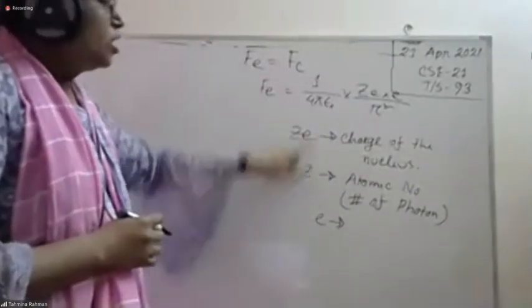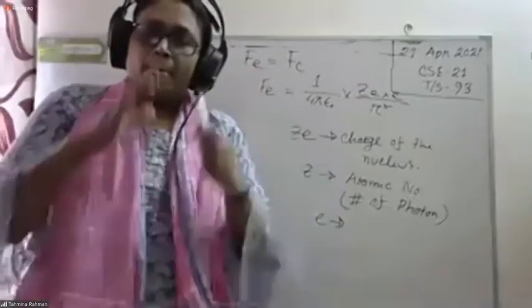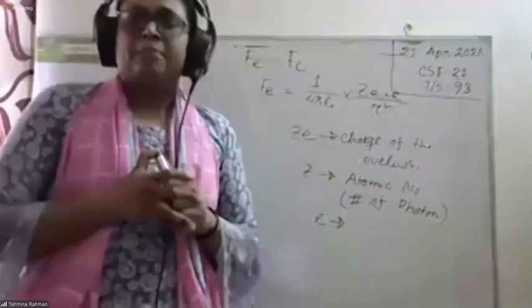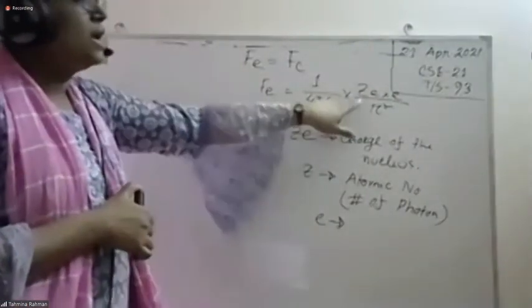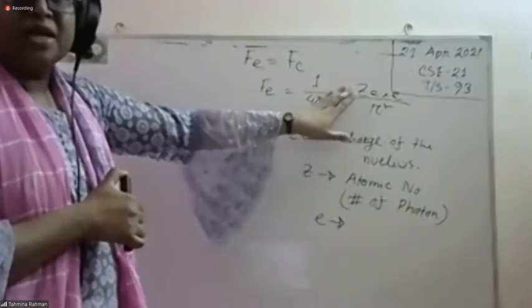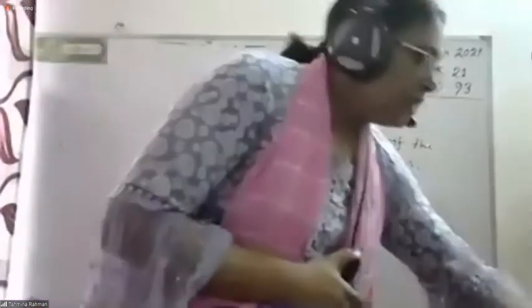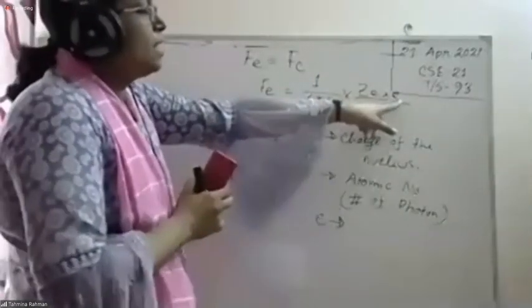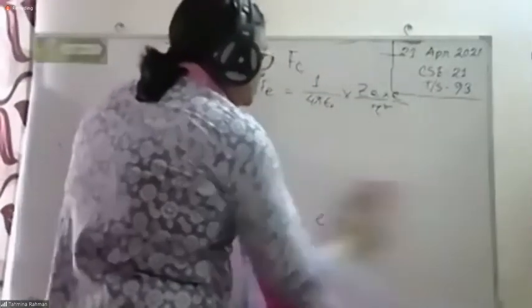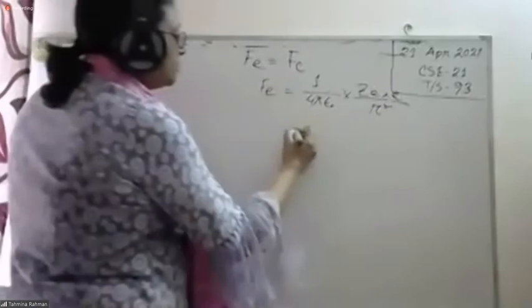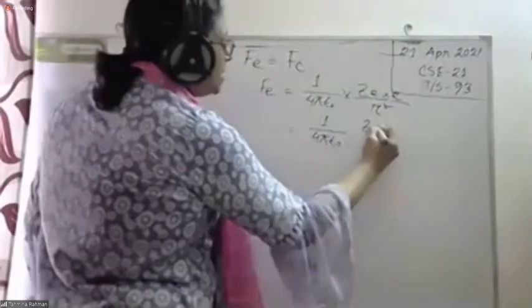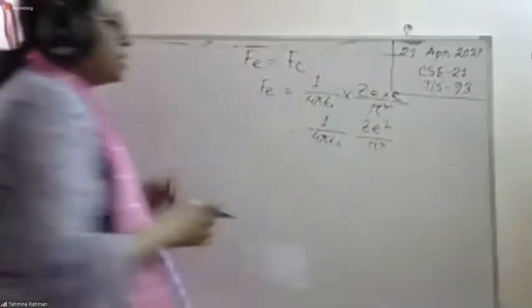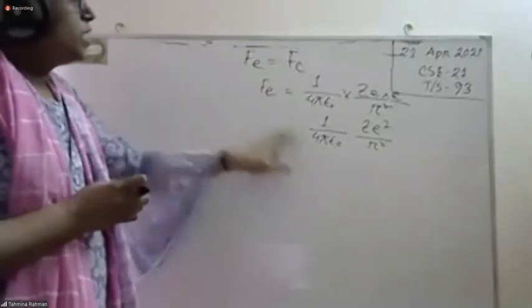So how do we find the charge of the nucleus? Multiply the number of protons, the atomic number, by the charge. Then you can calculate the total charge of the nucleus. So Z is the atomic number and e is the charge of the electron. Then we can write 1 by 4 pi epsilon naught Z e squared by r squared. So we get one expression for Fe.